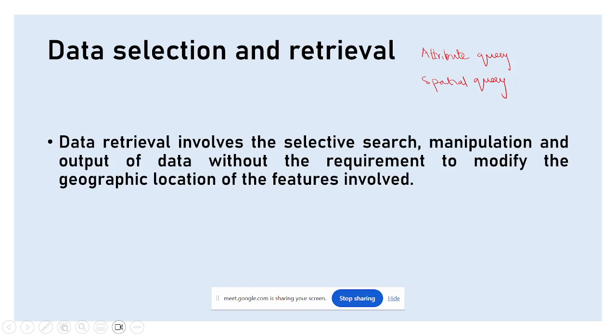In the case of the attribute query, what exactly it involves is the processing of the attribute or the non-spatial data. As the name suggests, it has something to do with the attribute or the non-spatial data. So this is independent of the spatial information. It's non-spatial, so you don't have any kind of location specifications.